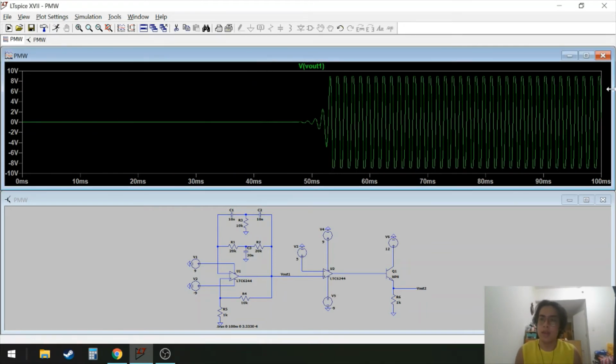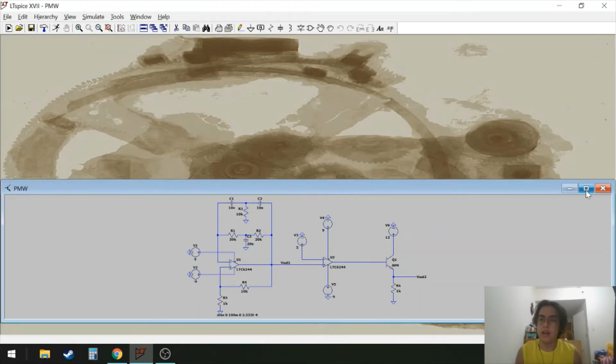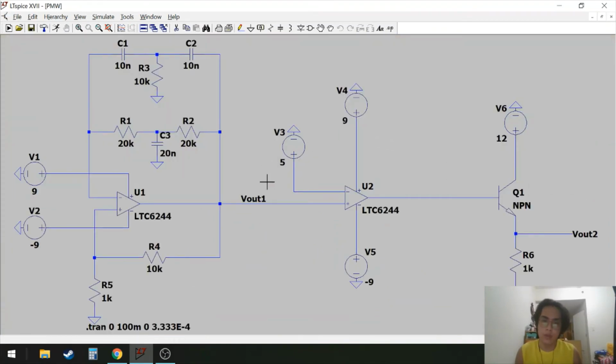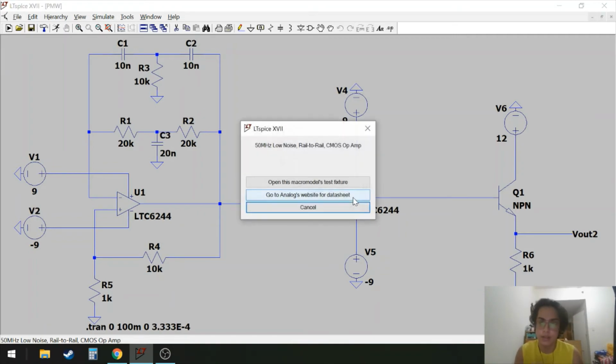Now that we are finished with our oscillator, we go to the remaining components of our PMW circuit. The remaining components include another comparator, in which, by the way, I use the same op-amp, the LTC6244, which has a characteristic of 50 megahertz, low noise, rail-to-rail CMOS op-amp.